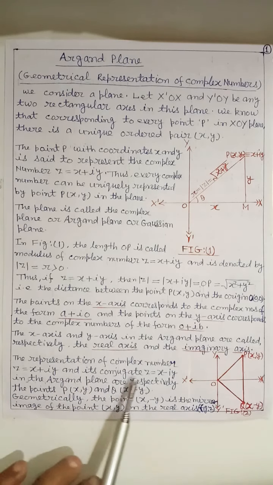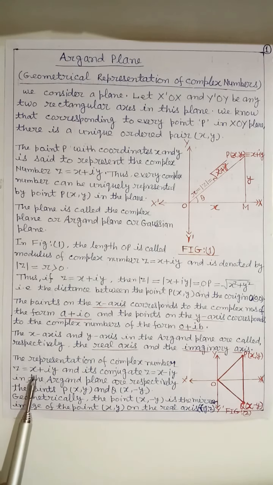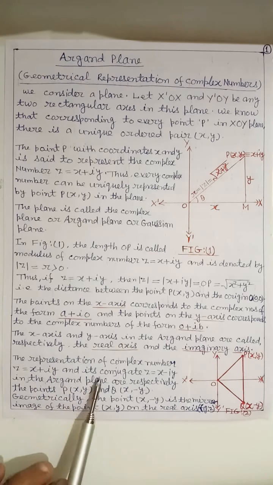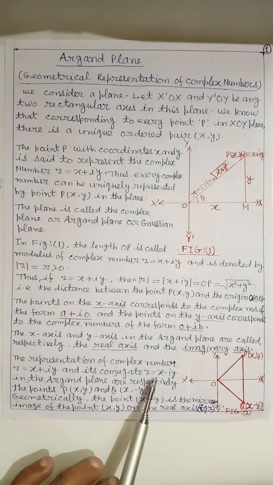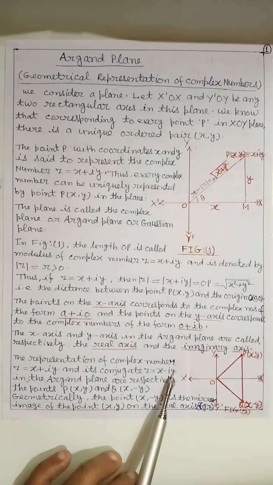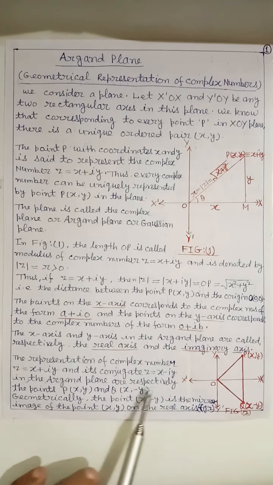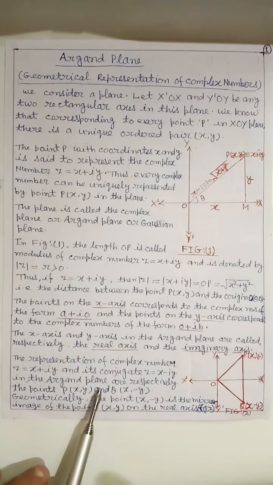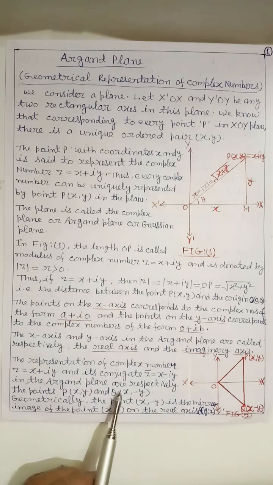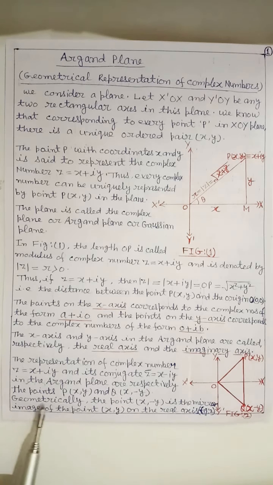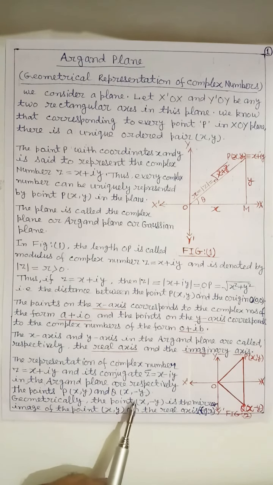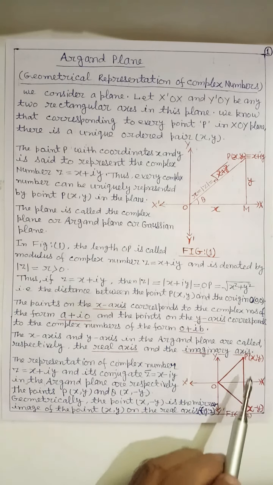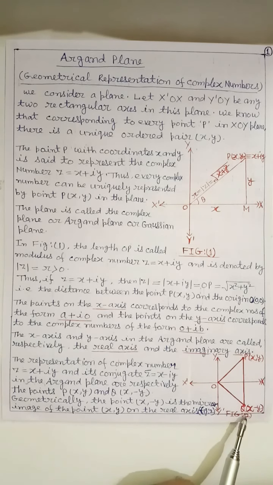The representation of the complex number z equal to x plus iy and its conjugate, already we know that is z bar equal to x minus iy, in the Argand plane are respectively the points P(x, y) and Q(x, minus y).